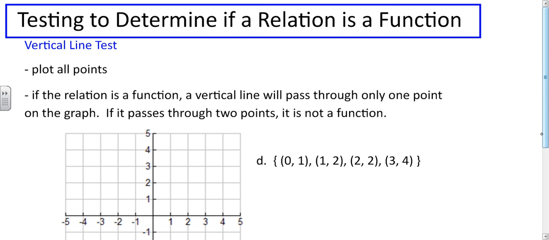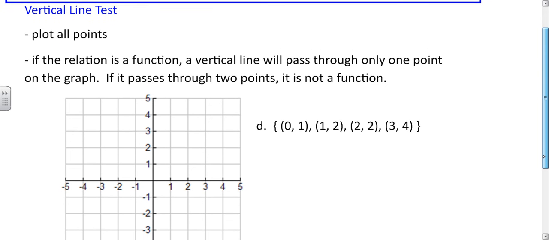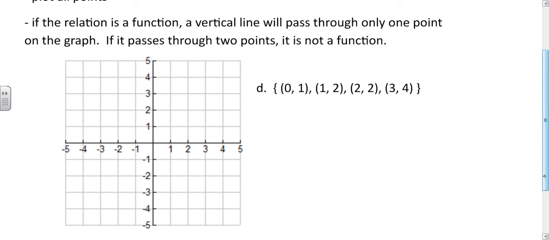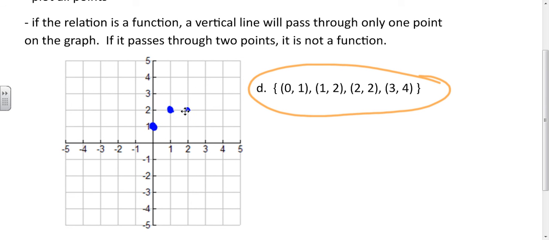Let's see another example. Again, I want to know, is this relation also a function? Does each input have only one output? So I want to plot all the points again. I've got (0, 1), (1, 2), (2, 2), and (3, 4).